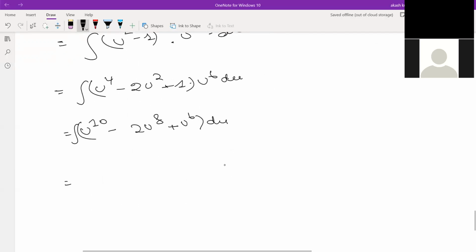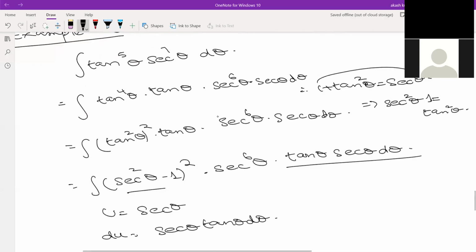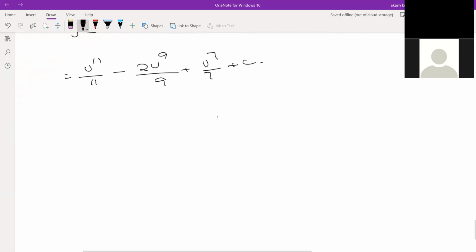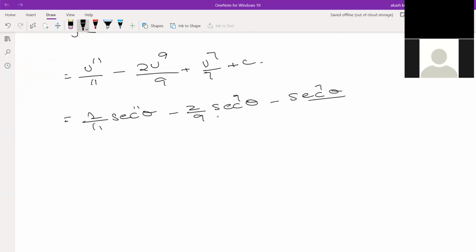Now I have to apply the integration here: u to the 11 over 11 minus 2u to the 9 over 9 plus u to the 7 over 7 plus c, and my u is sec theta. One over 11 sec 11 theta minus 2 over 9 sec 9 theta plus sec 7 theta over 7 plus c.